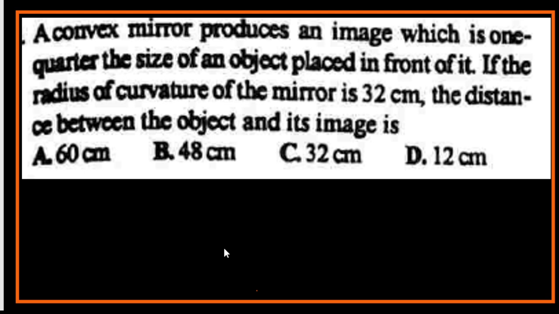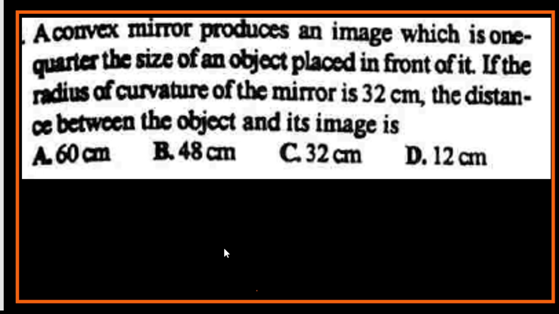All right, now first thing I needed to look at is the name of the mirror mentioned there. I need to shine your attention to the convex mirror they said there. So convex mirror, that's a reminder that the focal length is going to be negative, or you say it has a virtual focus.